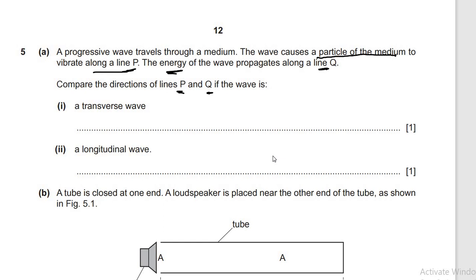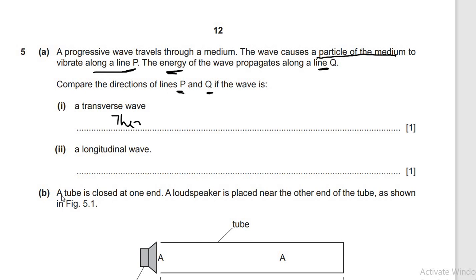If you remember, a transverse wave can be defined as a wave in which the direction at which the particle travels is perpendicular to the direction at which the energy propagates. The particle and the way energy moves are always perpendicular to each other. The key word: compare P and Q if the wave is transverse. It means they are perpendicular.